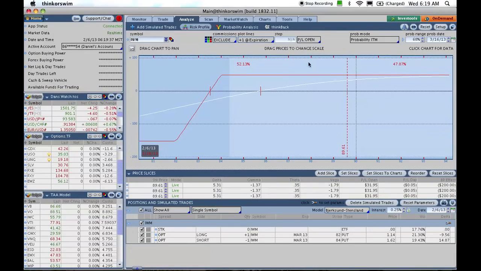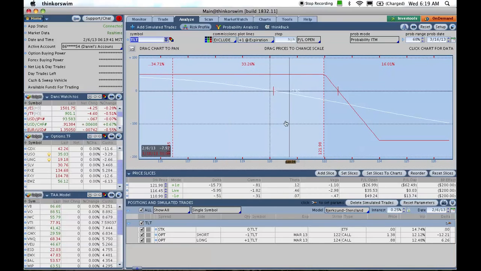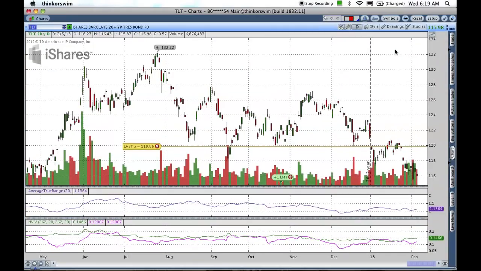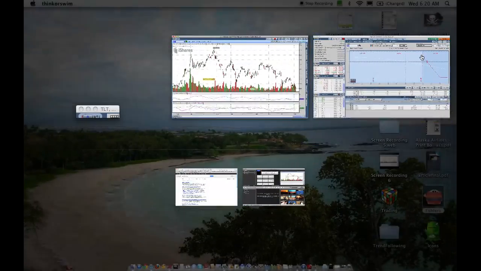So if we hop over and we look at bonds, now you can see the opposite position. Price is 116.45 before the open. We have an open profit yesterday of about 35 bucks out of an initial credit of 50. And that level, what was that level again? 119.86.